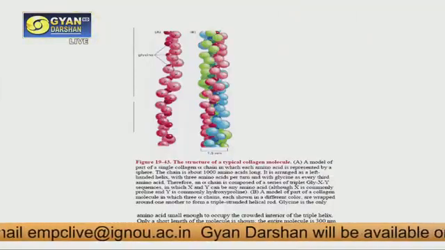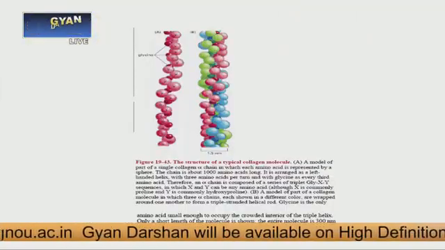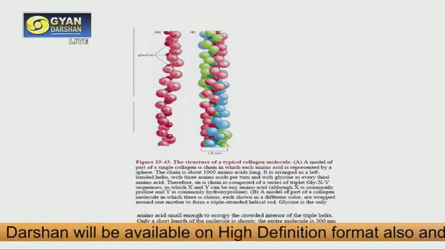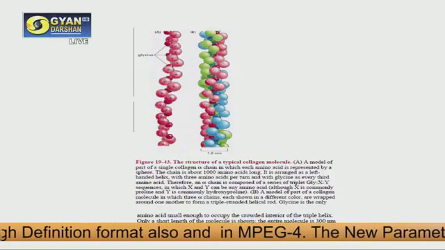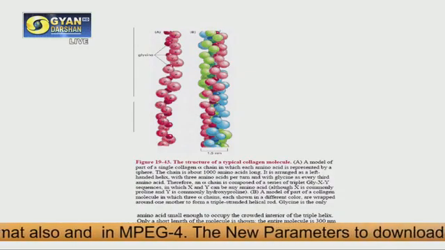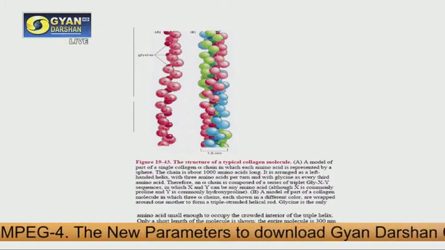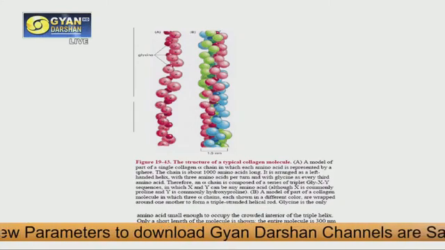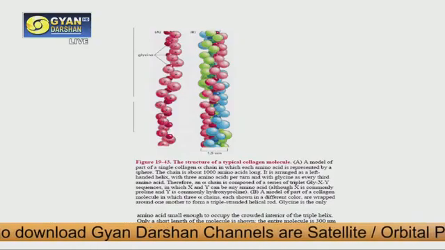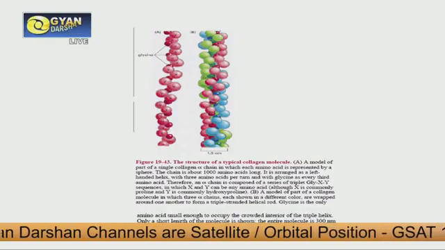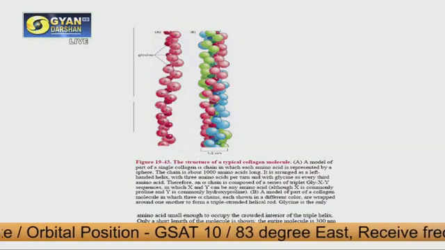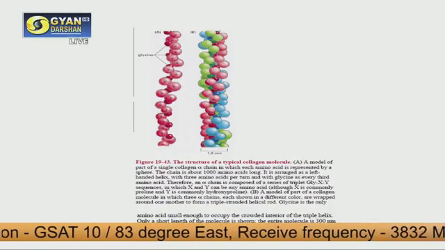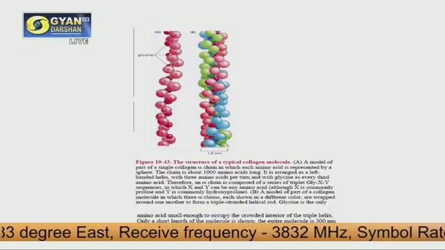Now first of all, if you see the structure of a typical collagen molecule, this is the structure as you can see in the diagram. What does this diagram show? If somebody asks you what are the salient features of the structure of a collagen molecule, what are the points that you are going to mention or write? Number 1, this collagen molecule is about 1000 amino acids long.